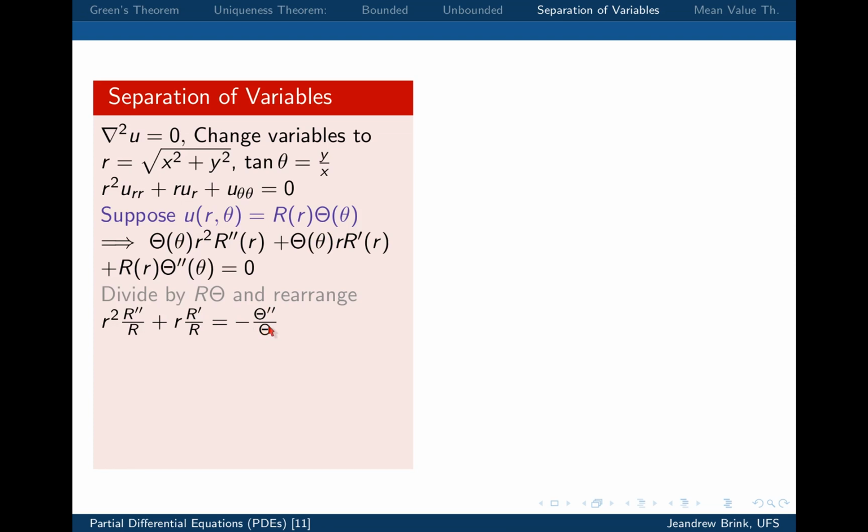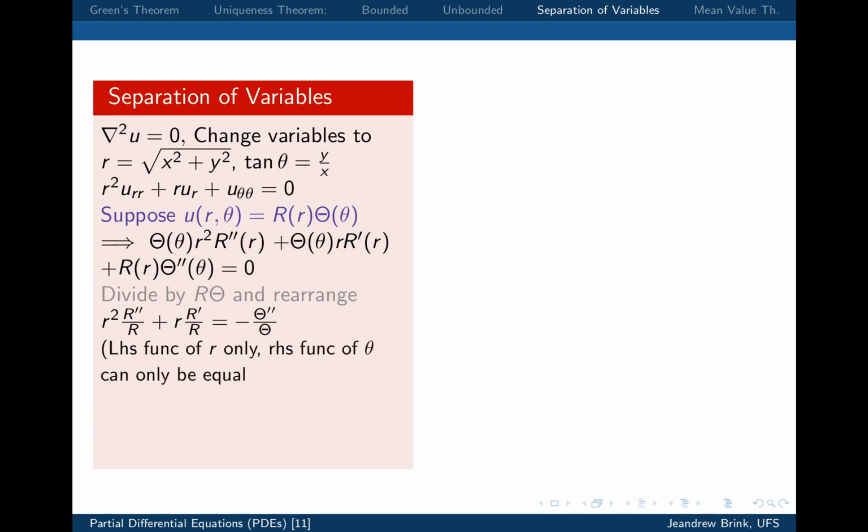And now the thing is that on the left-hand side you have a function only of r, and on the right-hand side you have a function only of theta, and this equation must remain true for any r and theta, so it can only be true if both of them are equal to a constant.